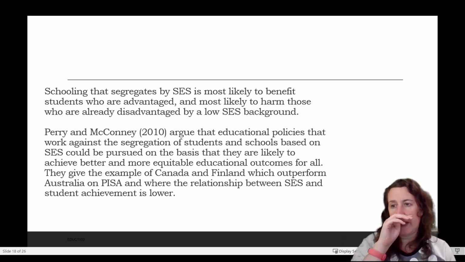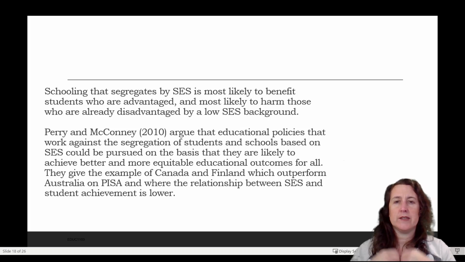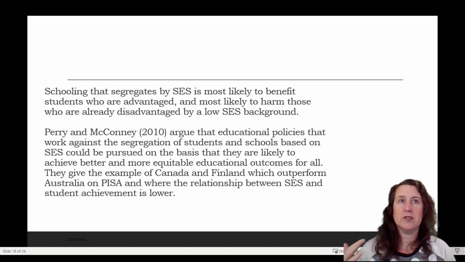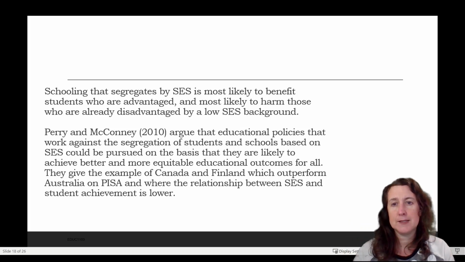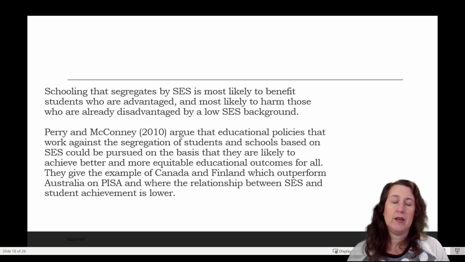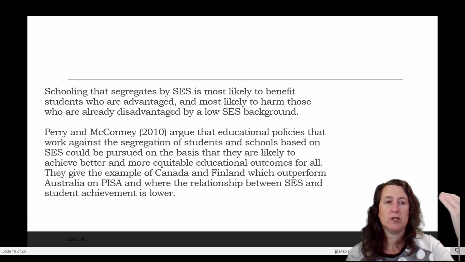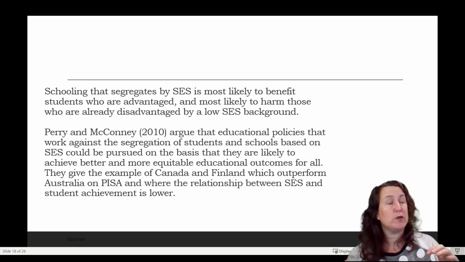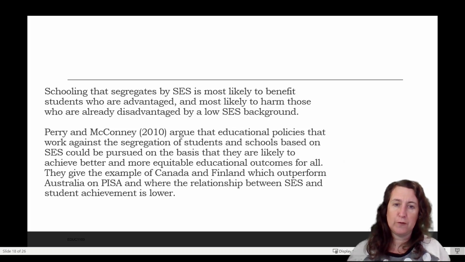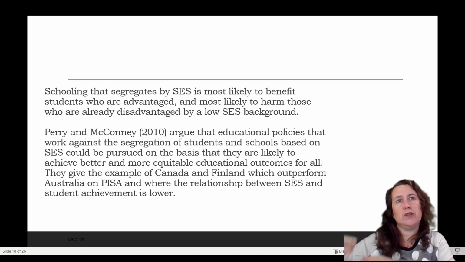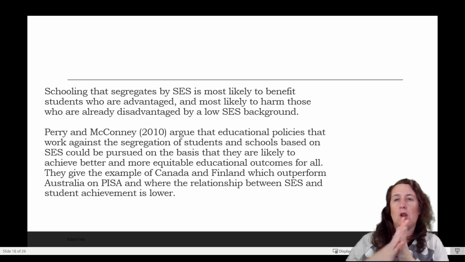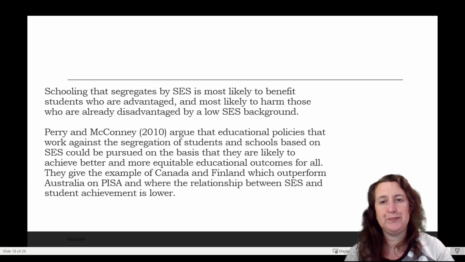And all that going back to basics does is bore students, and it doesn't allow them to extend, and no wonder we don't see good educational results if we keep hammering over the basics. Perry and McConney would argue that if we wanted to see Australia's students' results improve, we need to more evenly and equitably distribute our students to different schools rather than having poor students in poor schools and rich students in rich schools, and that's why we're seeing this kind of long tail of educational disadvantage.